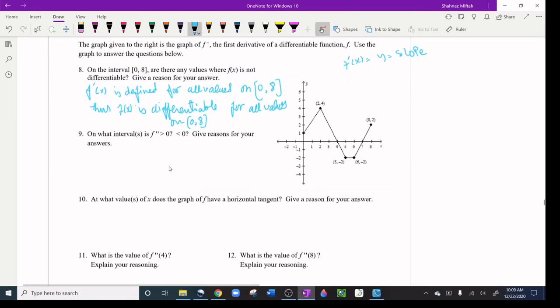Question number 9. On what interval is f double prime greater than 0 or less than 0? Give a reason for your answer. Double prime means, since this is f prime, how do I get the double prime? I draw tangent lines. Again, I'm taking a slope of a slope. This is a slope and I'm taking a slope again. So I'm going to draw tangent lines and see where the f prime is greater than 0. So these are my tangent lines. These are all positives.